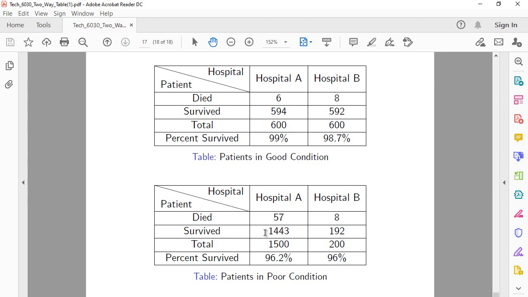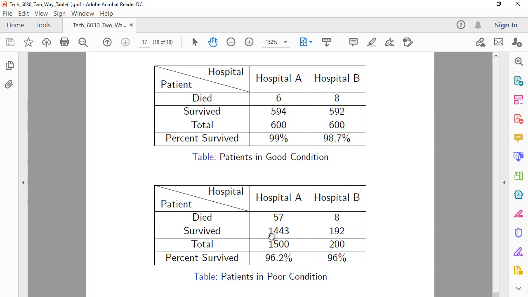Now in the second table, if you look at 57 here, 57 means 57 patients in hospital A were in poor condition and died. In hospital B, 8 patients were in poor condition and died.